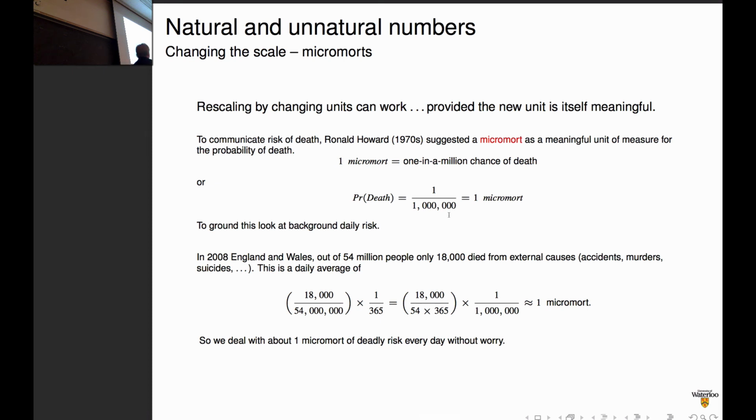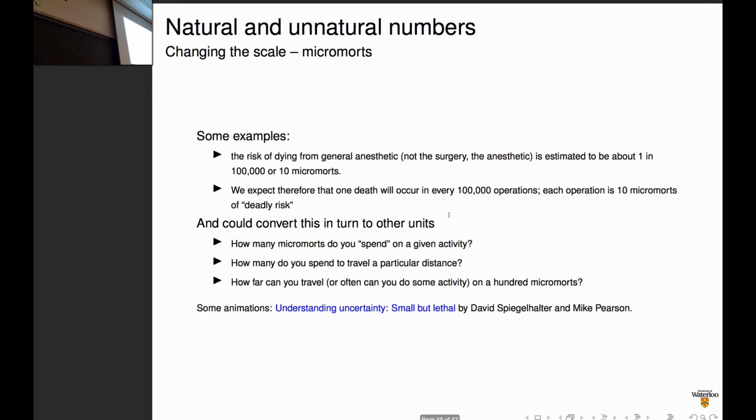So this notion of a micromort brings home the risk in a way that's understandable: how many days of life am I risking in this one activity? Risk of dying from anesthetic, not the surgery, just the anesthetic, is about 10 micromorts.